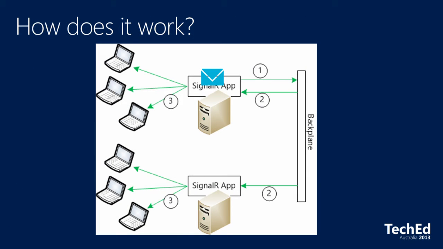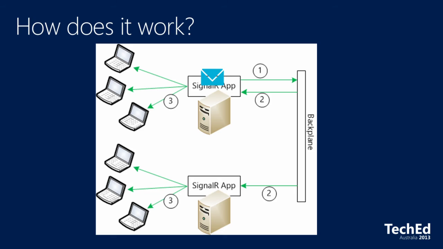How does it work? It uses the backplane as the source of truth. You've got many clients connected to many servers, and one of the things you can't do in SignalR is request a list of connected clients. The reason is that the clients could be connected to many servers. On one server in your app, you just can't say, give me all the clients, because it doesn't make sense. They could be connected to servers that have been scaled out horizontally.